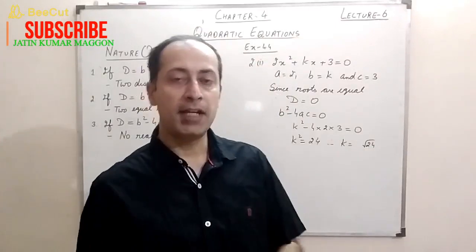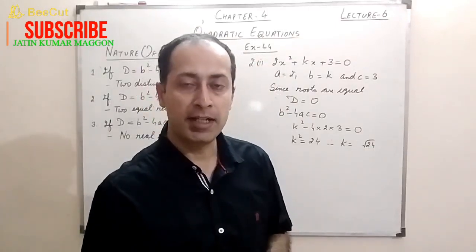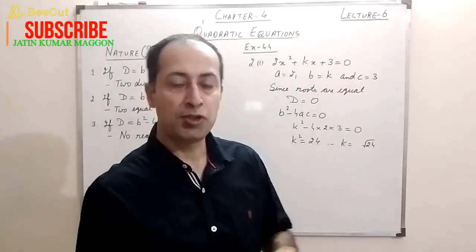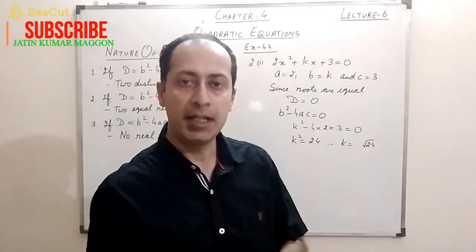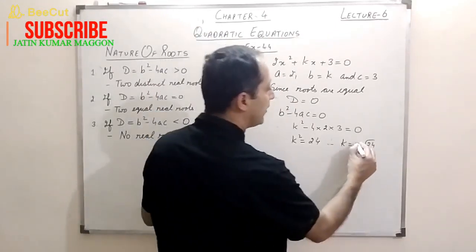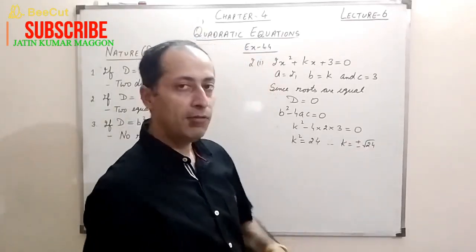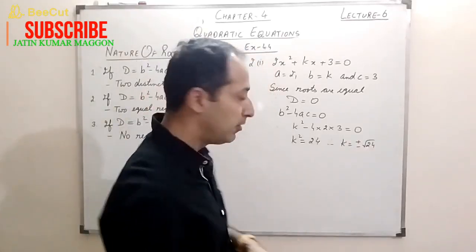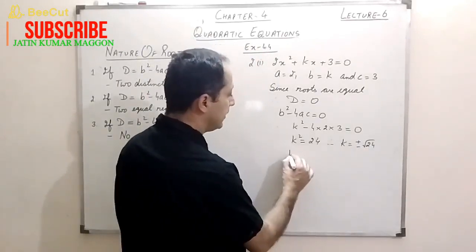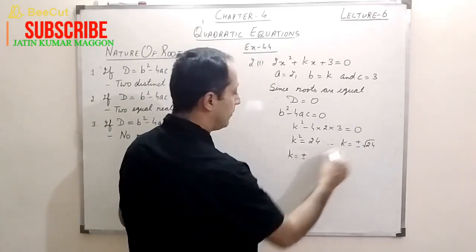See, we have done in our previous lecture also, whenever we find the square root of any number, it can be positive also, it can be negative also. So it means I have to write plus minus sign. Now we can make this 24 into the lowest terms, and how we can do it? We can just form the prime factors for 24.